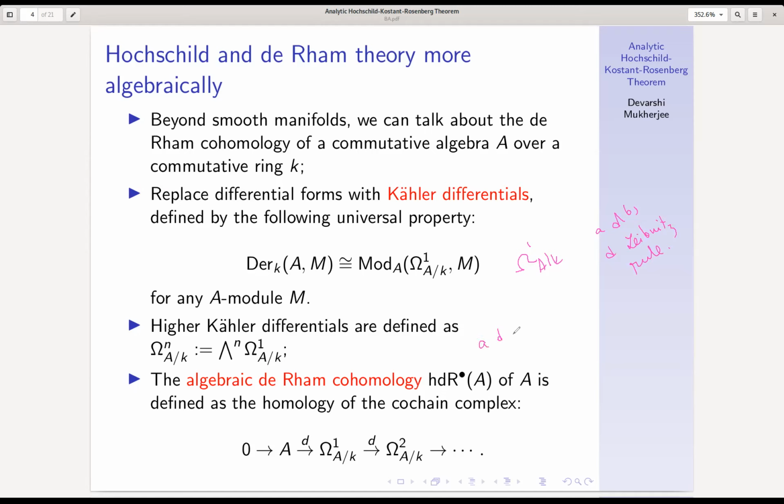In particular, that's given by things of this form. That again defines a certain cochain complex, precisely as in the smooth manifold case. The algebraic de Rham cohomology of some commutative algebra is defined by the homology of this cochain complex.